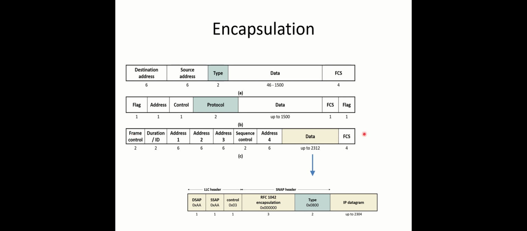The third format is from Wi-Fi. It's a little bit different from the other two, in that there is one more header in the starting part of the payload, which shows here.